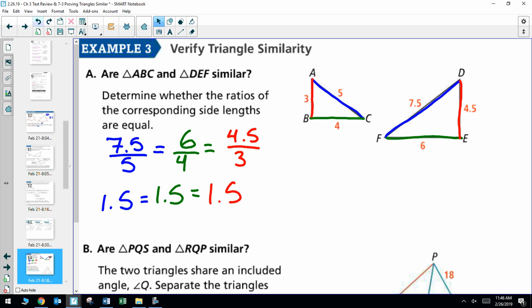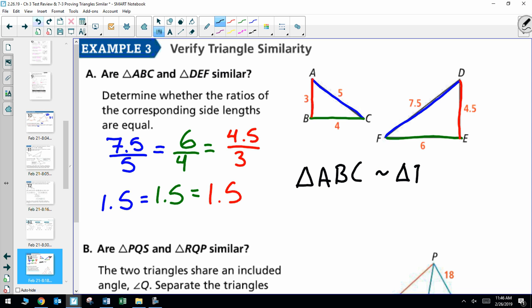And remember, to write that things are similar, we're using not the congruence symbol, but just the accent above. If they have the same scale factor for all three sides, yes, they're similar. Put that little accent between them.